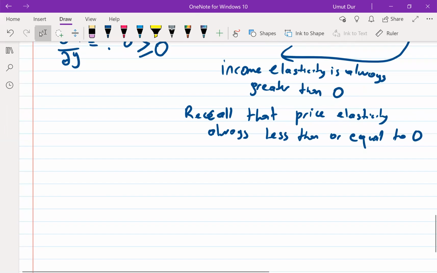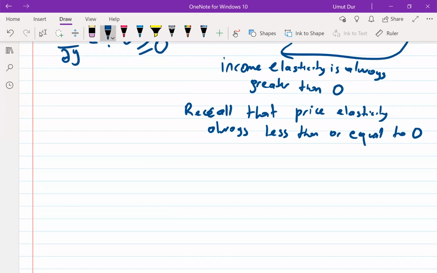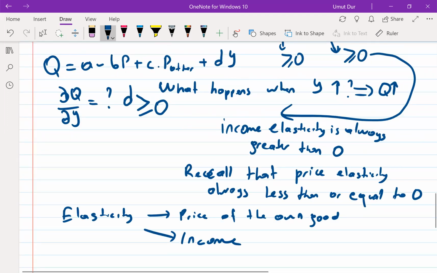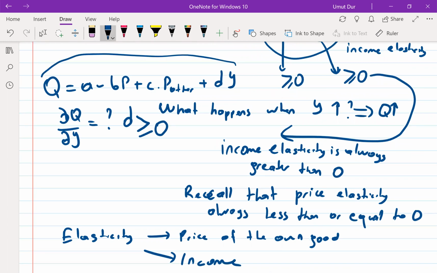So what we have done so far is that we have looked at the elasticity for the price of the own good, and the elasticity of income. If you look at this formula, one other thing is affecting the quantity demanded, and it is the price of the other goods.